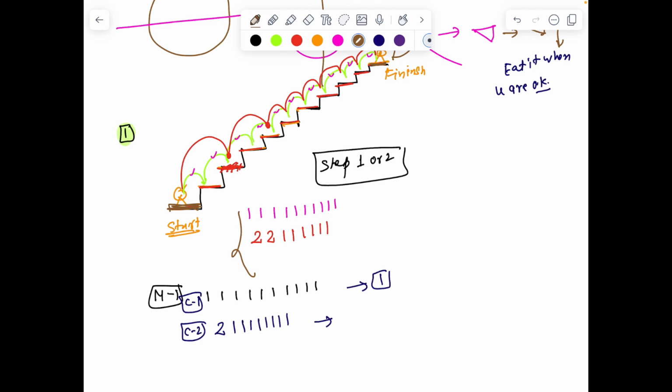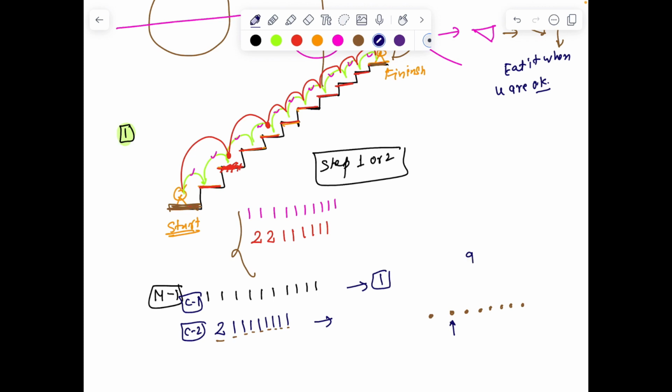Now in how many ways can it be done? Clearly, how many spaces do we have? 1, 2, 3, 4, 5, 6, 7, 8, 9. So out of 9 spaces, Mr. Golu can select any one where he will take a step of 2.